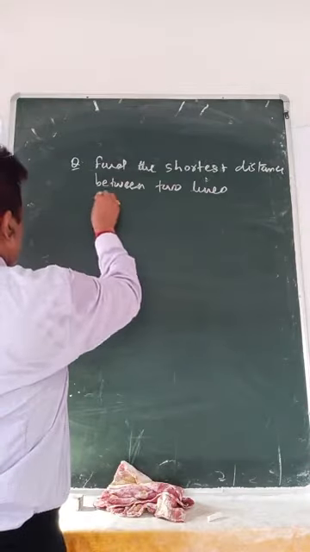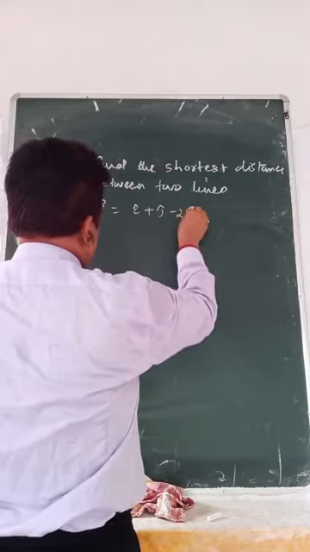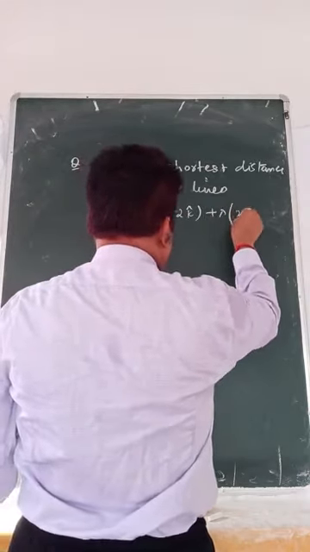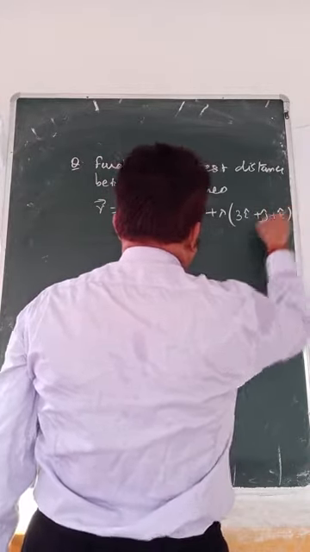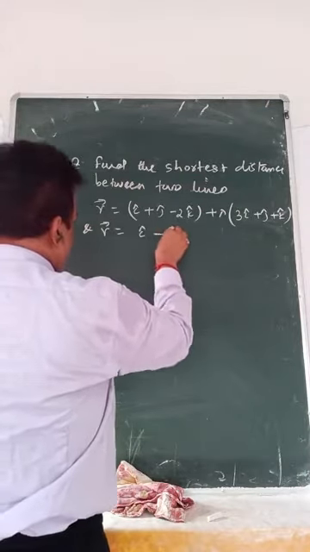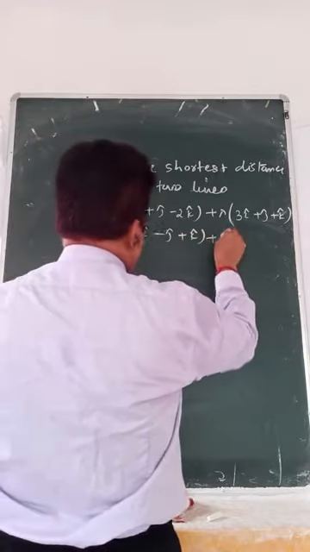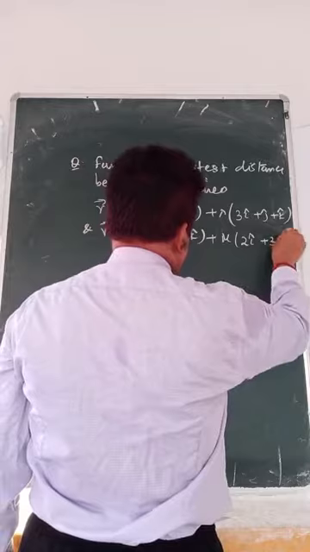R equals I plus j minus 2k plus lambda times (3I plus j plus k), and R equals I minus j plus k plus mu times (2I plus 3j).